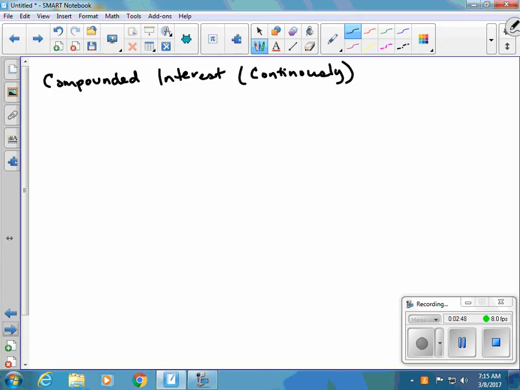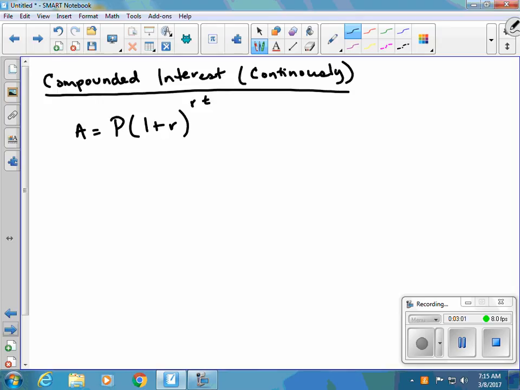So we're going back to our money situation. Before, it was in the form of A equals P times 1 plus R to the power of RT. Well, we still have that information.